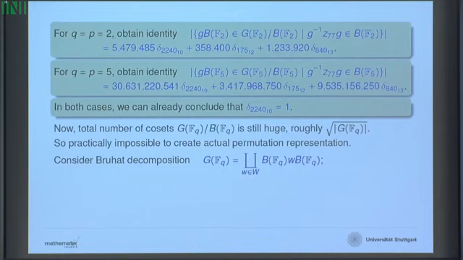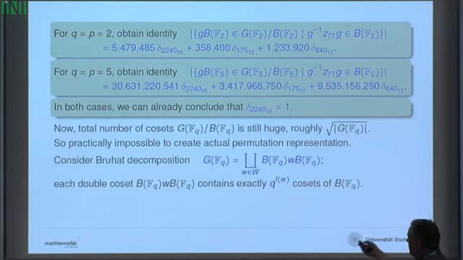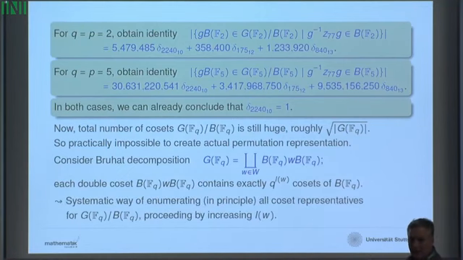You have a way of running through all coset representatives in a systematic way, namely each such double coset contains exactly this number, where this is the length of the W coset. So you start with W1 and increase the length, and you can enumerate them. At least in principle, you can write an iterator to do this.